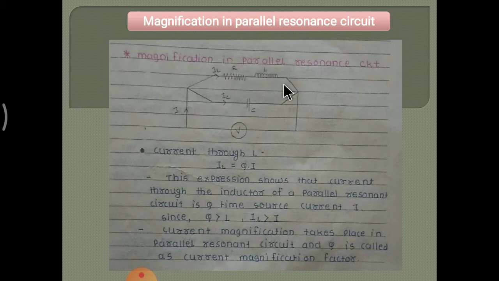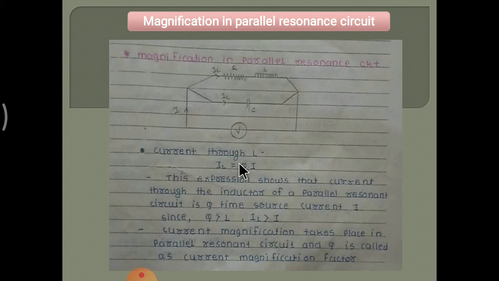This is the capacitor branch, because the capacitor is connected in parallel to this combination, and the current through the capacitor is IC. The supply voltage V is connected in parallel to both branches, and the current through the supply is I.